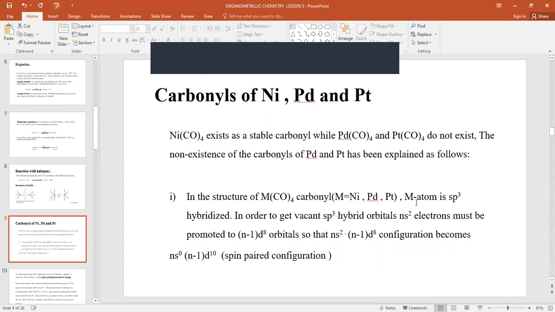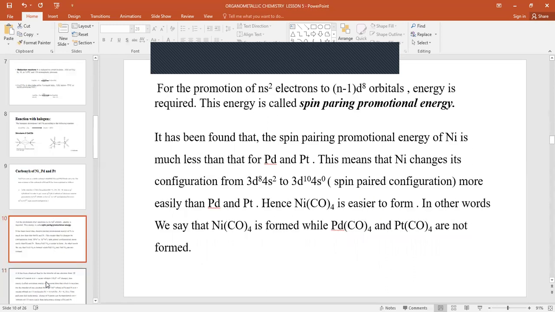In order to get the vacant sp3 hybridized orbitals, the ns2 electrons must be promoted to the (n-1)d8 orbitals so that the ns2 (n-1)d8 configuration becomes ns0 (n-1)d10 configuration, a spin pairing configuration.